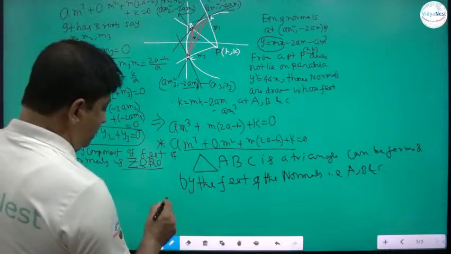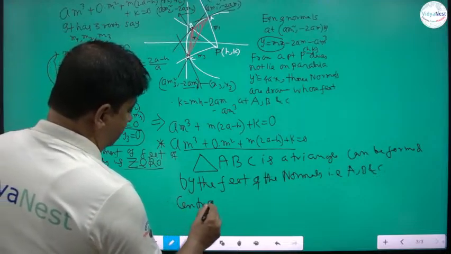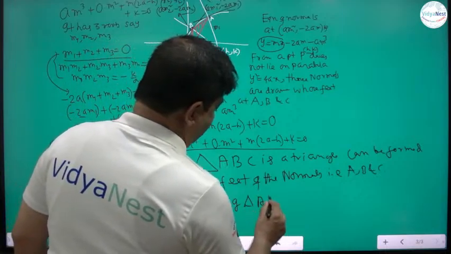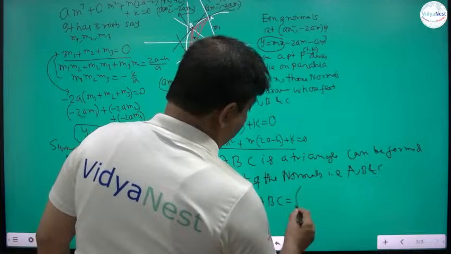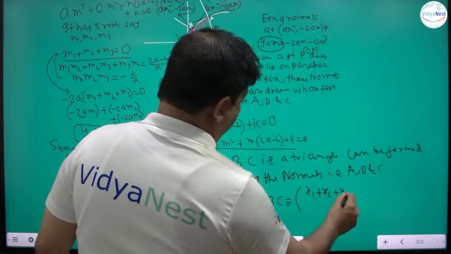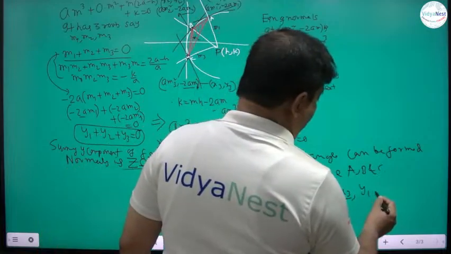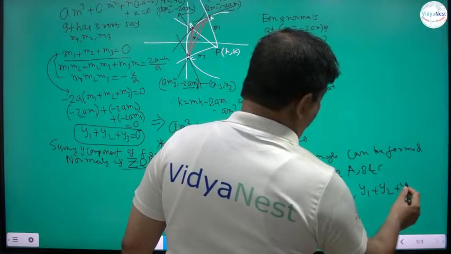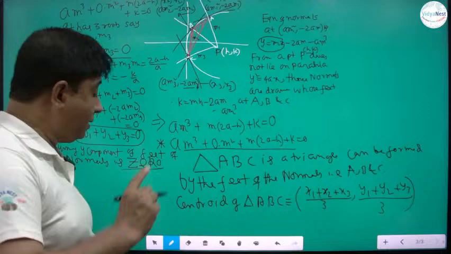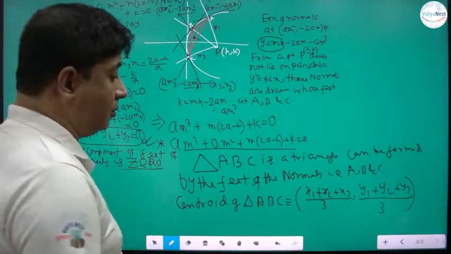Now the centroid of triangle ABC is ((x1 plus x2 plus x3) by 3, (y1 plus y2 plus y3) by 3). A few minutes back we got y1 plus y2 plus y3 equal to 0. Put it here.